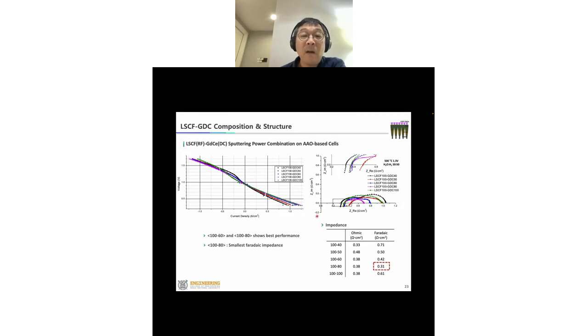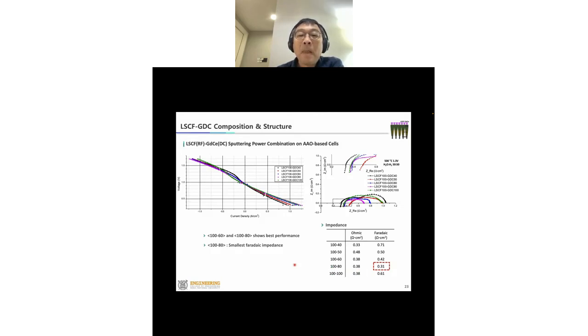So we concluded that these two cases show the best performance, and especially the 180 sputtering power ratio gives us the smallest Faraday resistance. So this power ratio is best suited for our vacuum chamber.